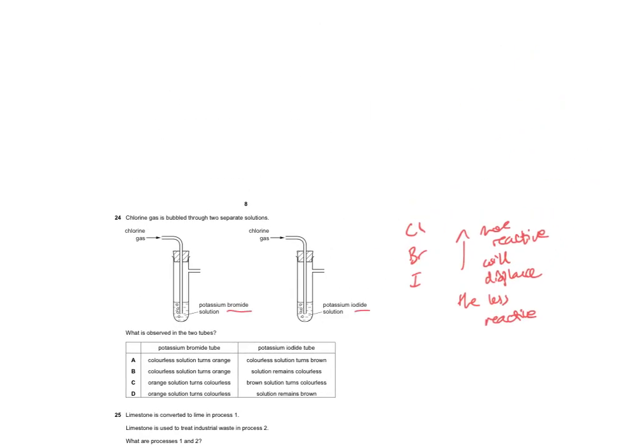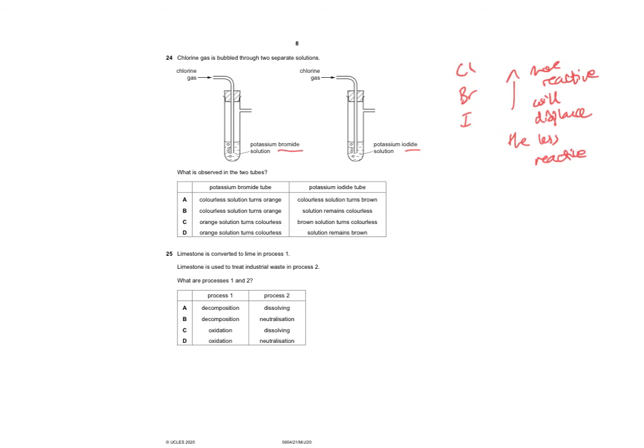So we're going to end up with Cl2 plus potassium bromide. And we're going to end up with bromine all on its own and potassium chloride on this side. And over here, we're going to start off with chlorine and potassium iodide. And then that's going to become potassium chloride, and poor little iodine is going to be left on its own.